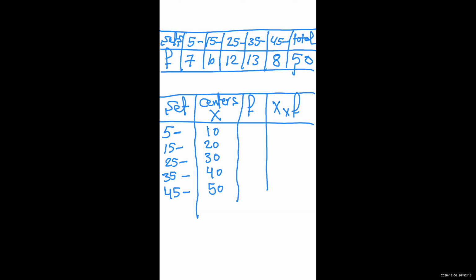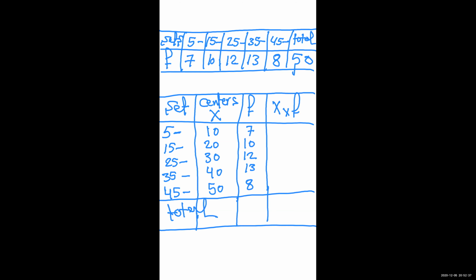Then get the frequency from the table: 7, 10, 12, 13, and 8. Now, guys, the next step, we are going to multiply. Here, of course, will be the total. The total of frequency is 50.